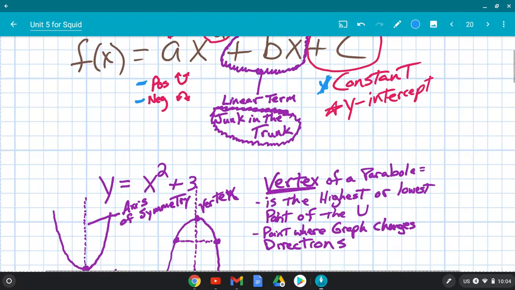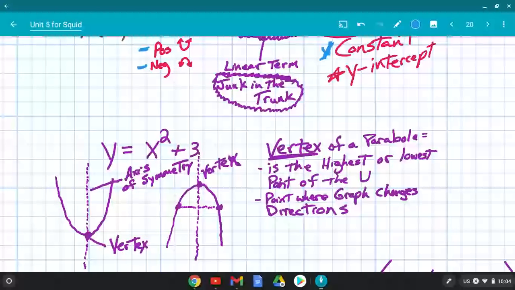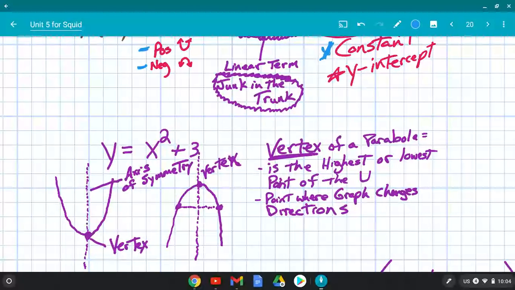We went a little bit further and made sure that we understand that one of the most important parts of the quadratic is the vertex. The vertex of the parabola is either the highest or lowest point of the parabola. It can also be considered the point where the graph changes directions. That's what we wanted to start finding.